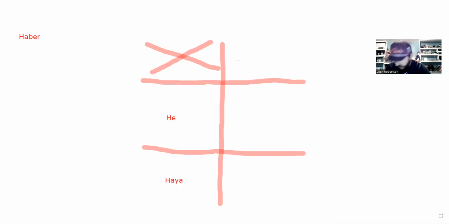Nosotros y nosotras hayamos. Vosotros y vosotras habed. Ellos, ellas y ustedes hayan.